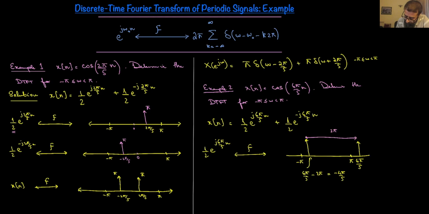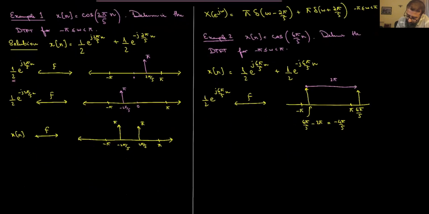Similarly, what about the half e raised to power minus j 6 pi by 5n? The Fourier transform for this is going to be an impulse which resides at minus 6 pi by 5, which is just slightly out of the interval that I'm interested in.